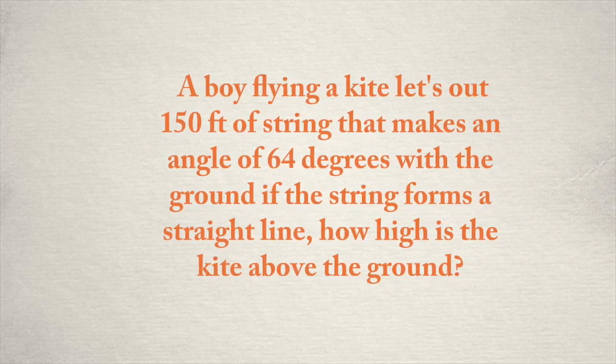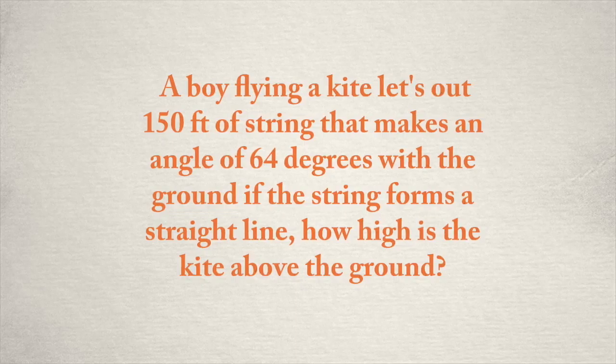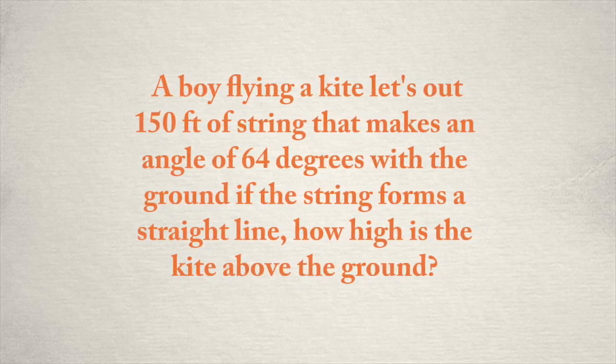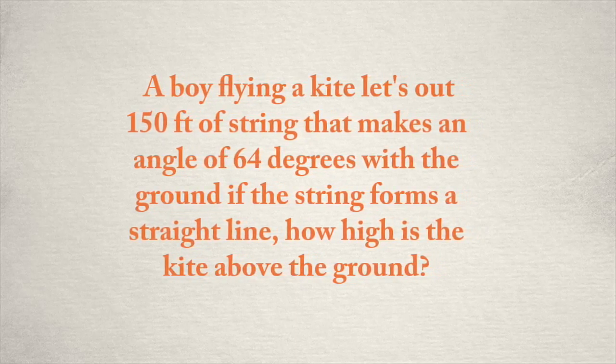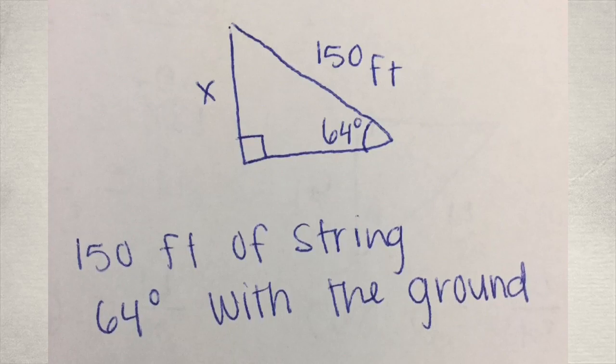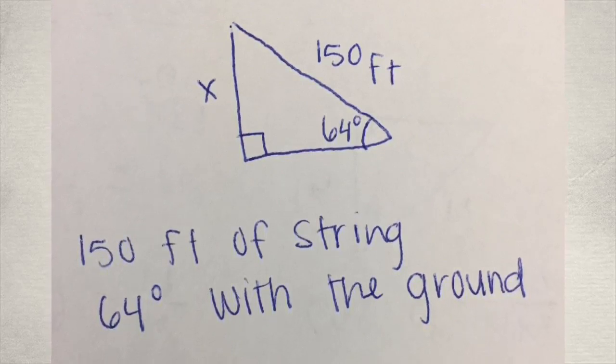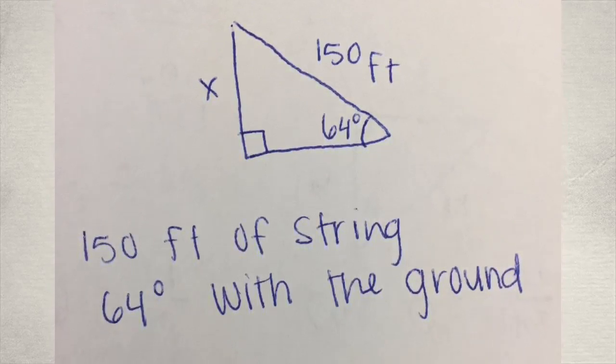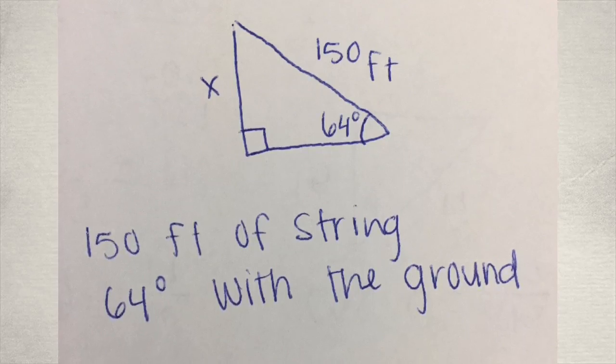A boy flying a kite lets out 150 feet of string that makes an angle of 64 degrees with the ground. If the string forms a straight line, how high is the kite above the ground? For the picture, you would just use keywords from the word problem. So the kite has 150 feet of string, and it is at 64 degrees with the ground.